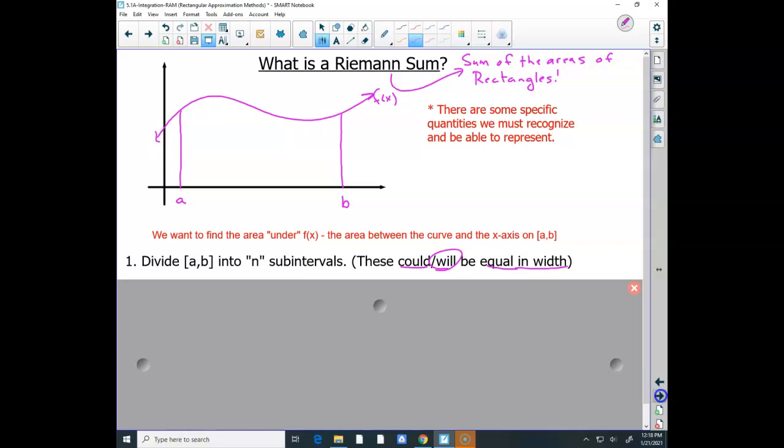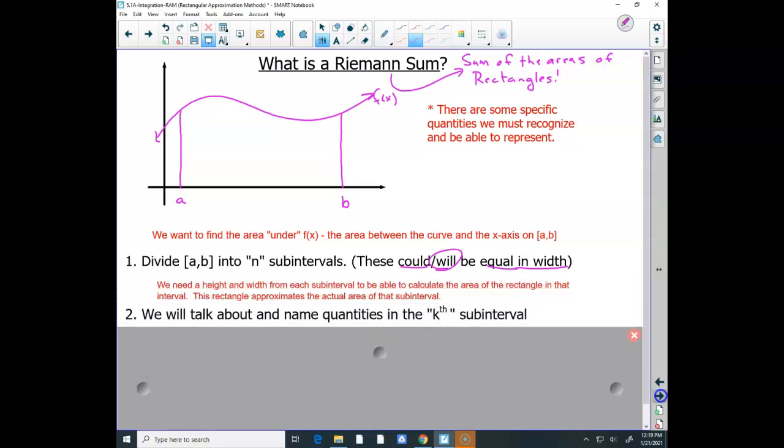And it's irrelevant in the end because as we let there be an infinite number of rectangles within an infinite number of subintervals between A and B, those widths become so skinny that you really can't see or find a difference between them, all right? So we're going to divide that into subintervals.